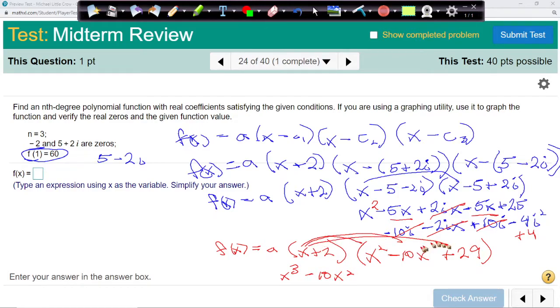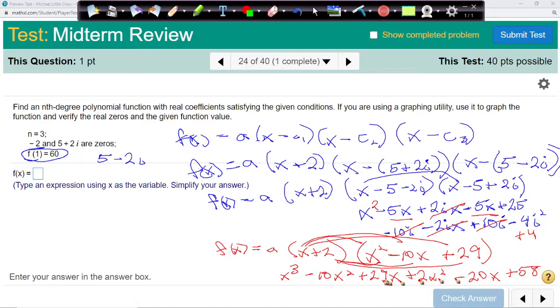And then x times 29 gives us a plus 29x. Then we've got 2 times x squared, plus 2x squared. 2 times negative 10x is negative 20x. And then 2 times 29 is 40 plus 18 is 58.